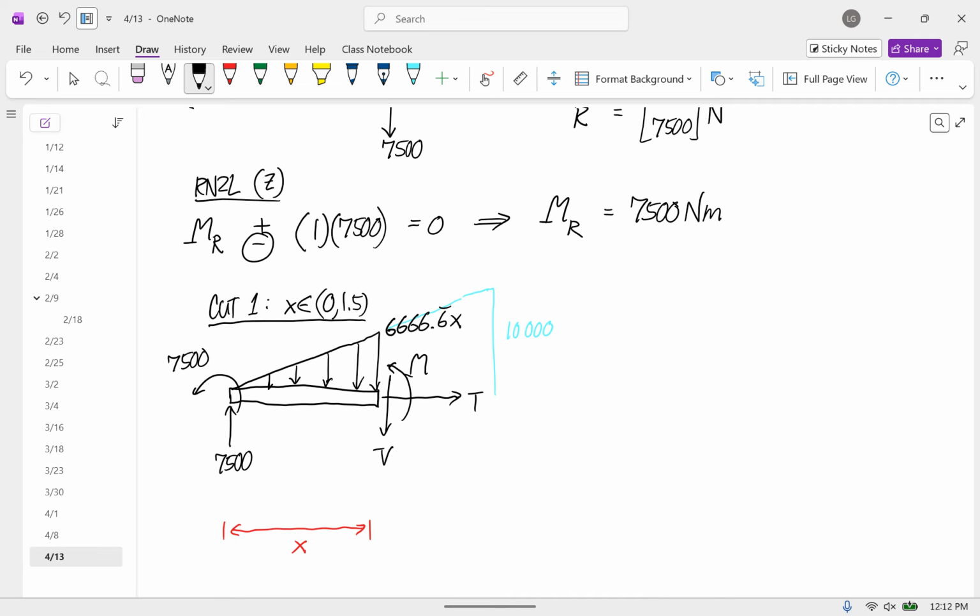And now that we have that, we can represent this as a point force. We have a right triangle with a height of 6,666.6 repeating times x, and a width of x.